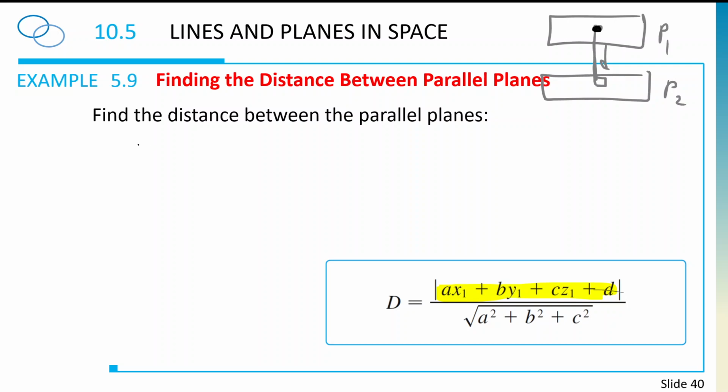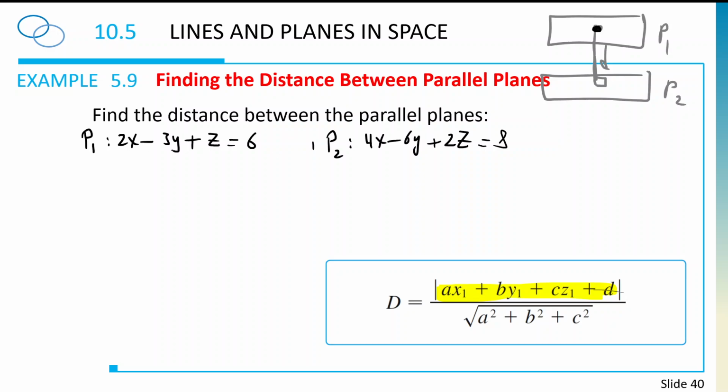Anyway, I can add them. So the equations of the two planes are P1: 2x minus 3y plus z equals 6, and the second plane is 4x minus 6y plus 2z equals 8. These are the two planes.